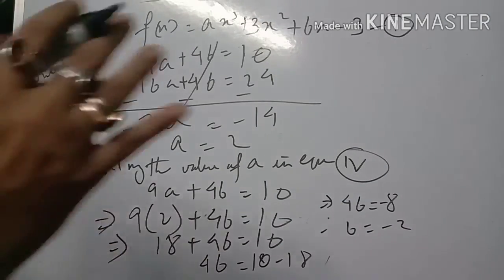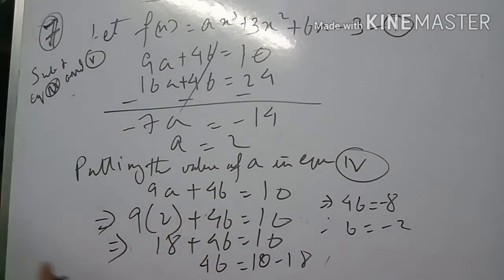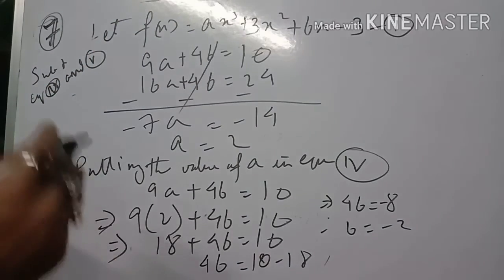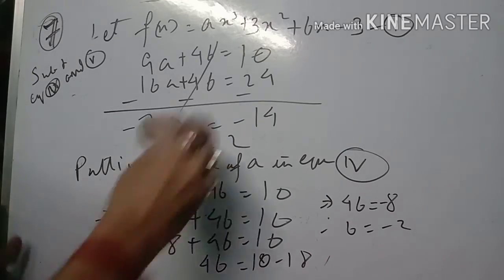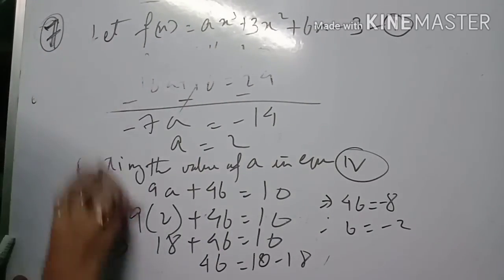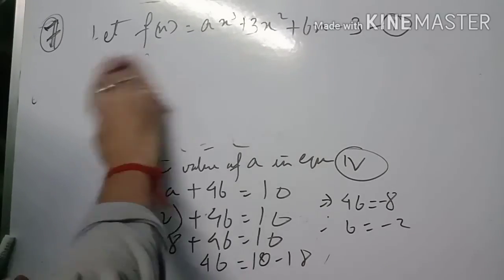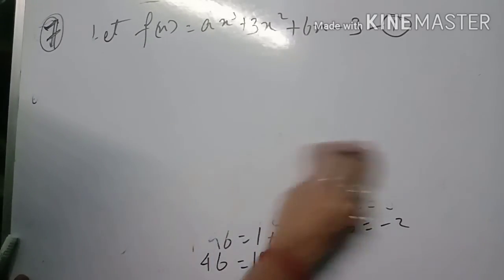So we got the value of a, we got the value of b. Let us put them here in the equation and factorize it. I'm wrapping this portion. Very lengthy sum.